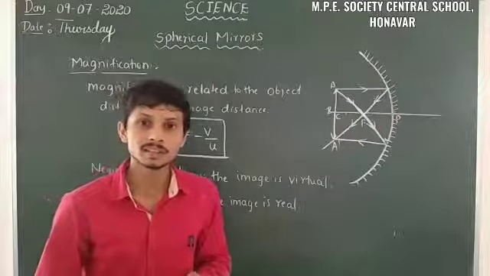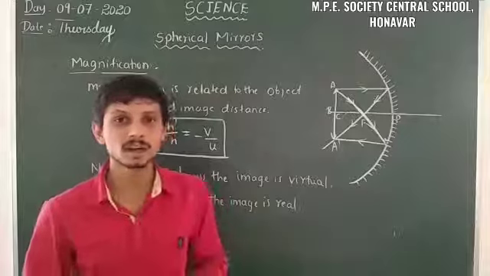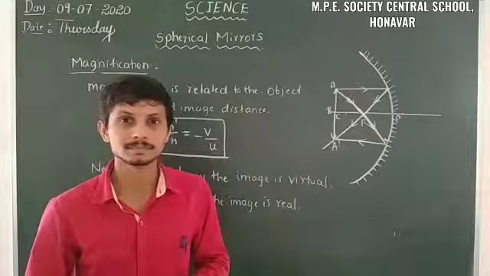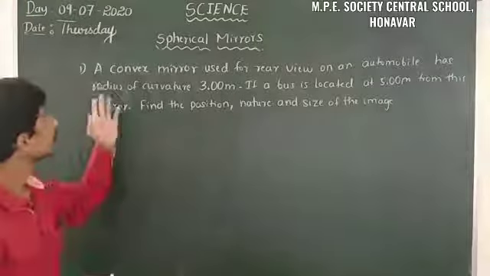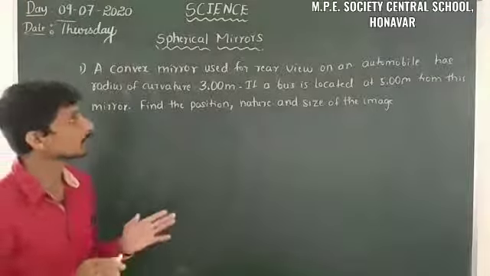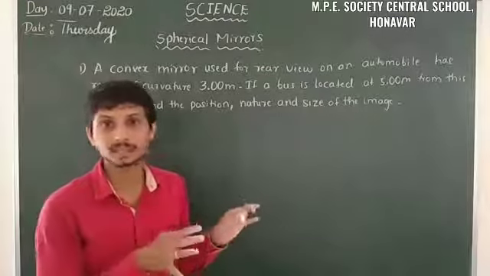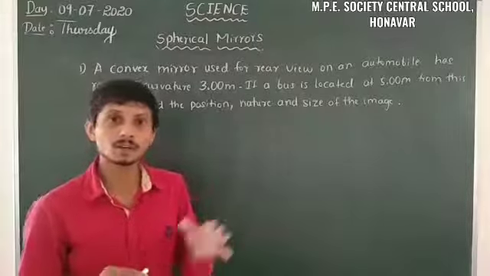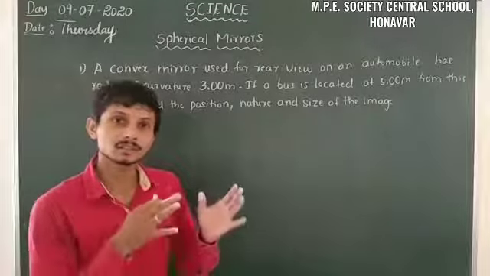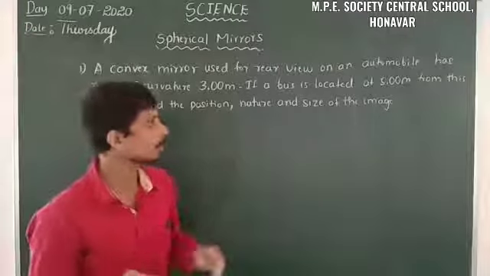So let us take one problem related to the mirror formula and magnification. The problem tells us that a convex mirror used for rear view in automobiles. So we already learned that convex mirror is used for rear view mirrors in automobiles.